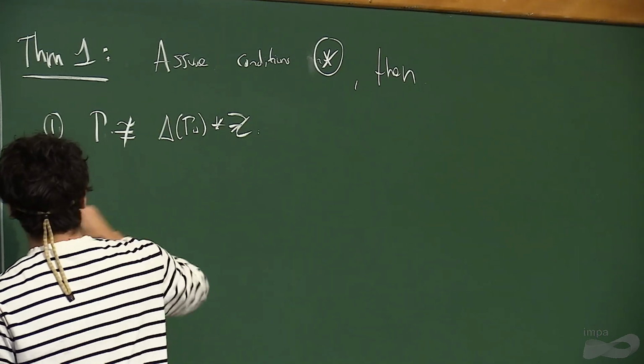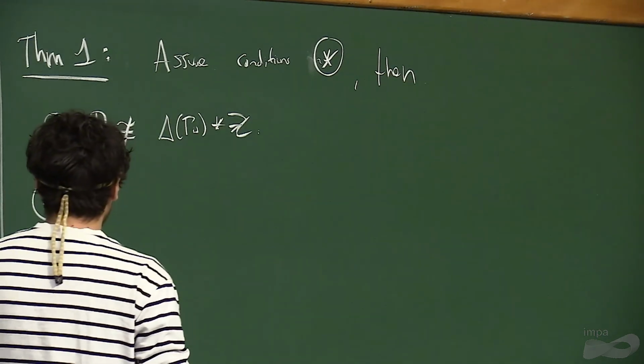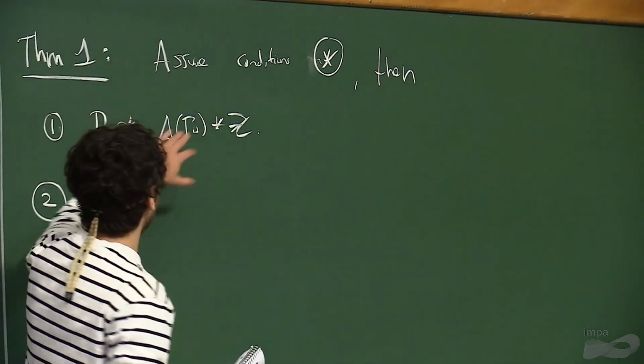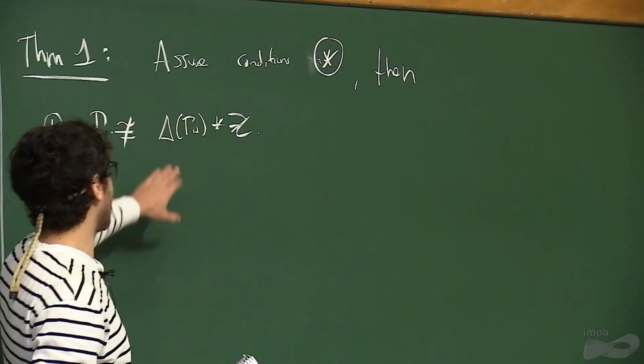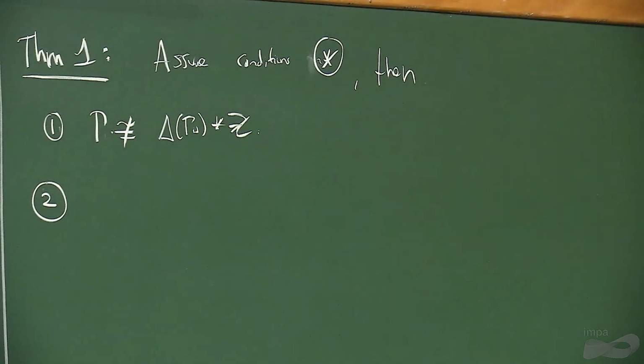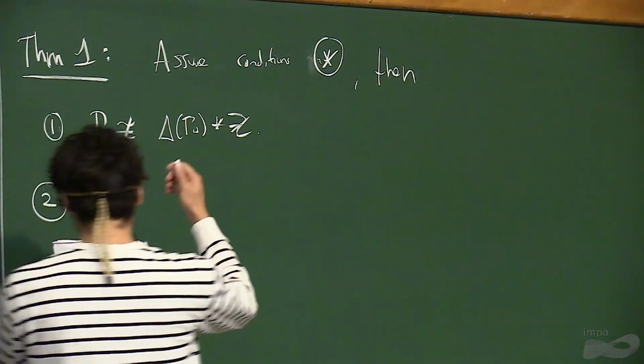And the second result tells you that if gamma 0 was a lattice that has algebraic entries, so for example, this always happens if the Lie group is different from SL2(R), then gamma itself has to have algebraic entries. So let me write this.